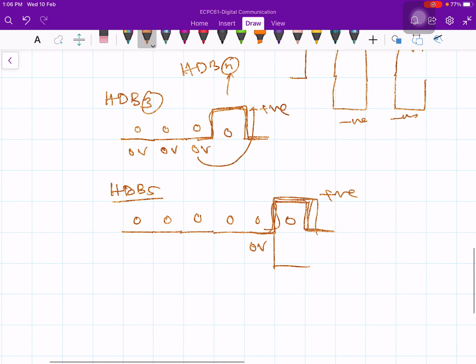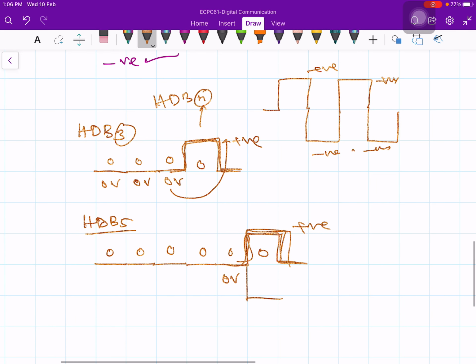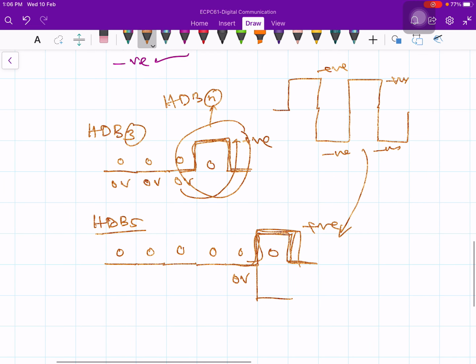So you do some violation from AMI in the HDB code. Violation means that this mark should have been really of this sign, positive sign, but you transmit the mark of the same sign.